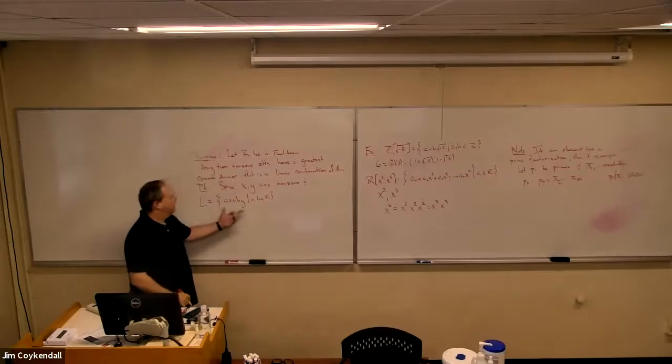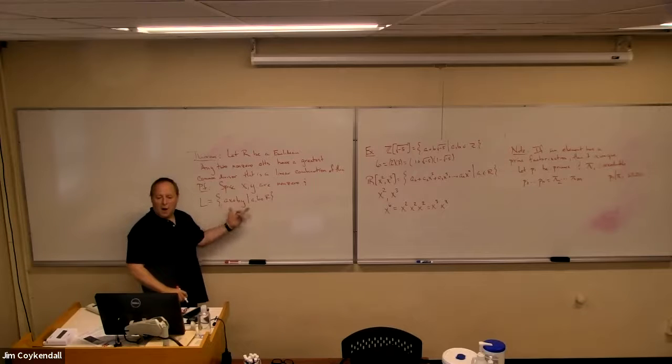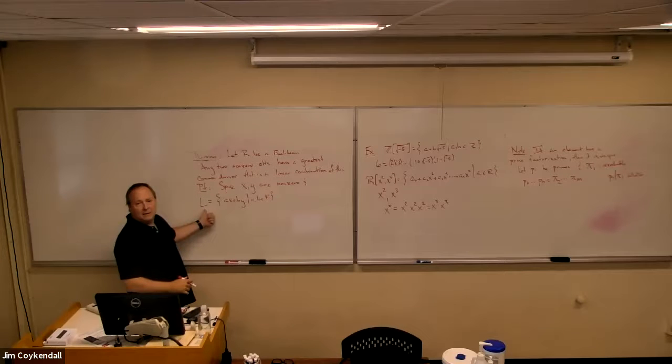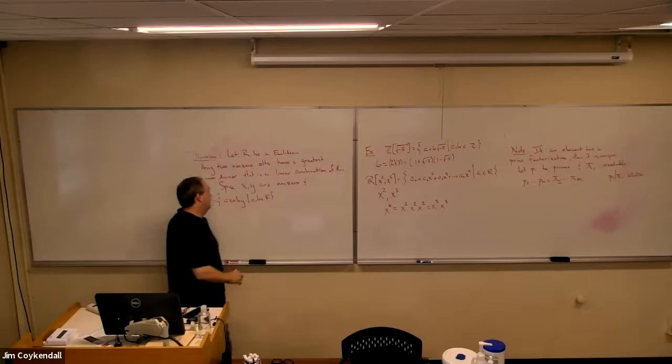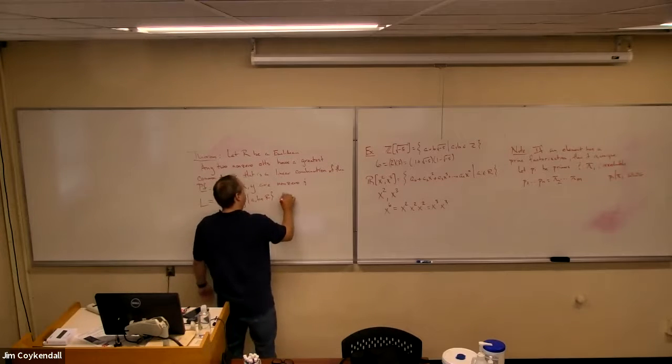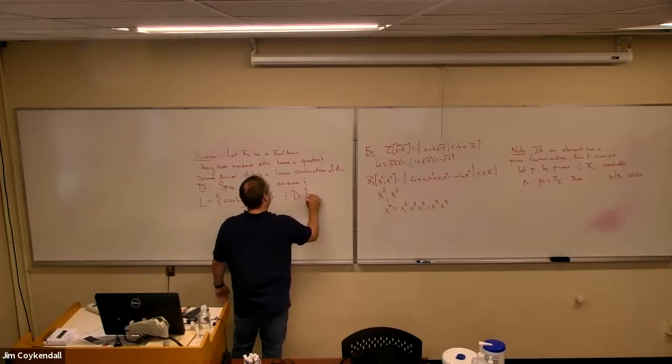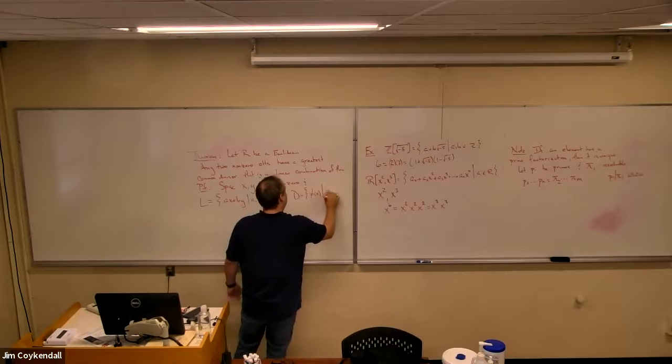So what am I doing? I'm collecting all possible linear combinations of X and Y, and I'm putting them together in a big set that I call L. And then I'm going to let D be the set of the Euclidean function of Z, for Z in L, not zero.